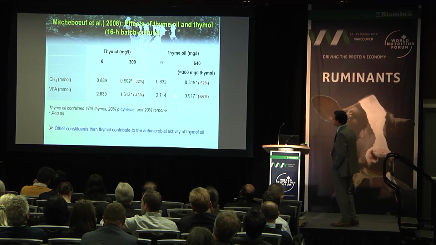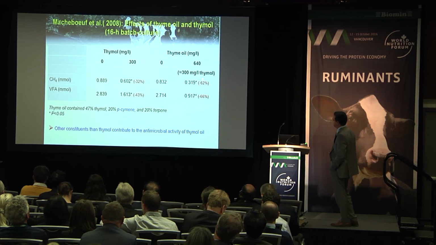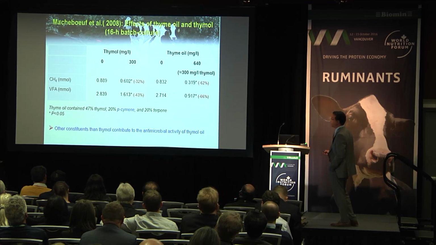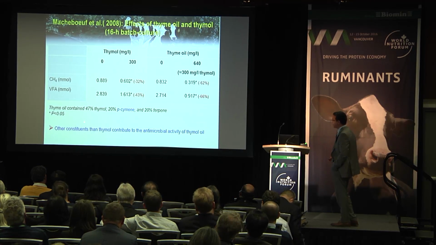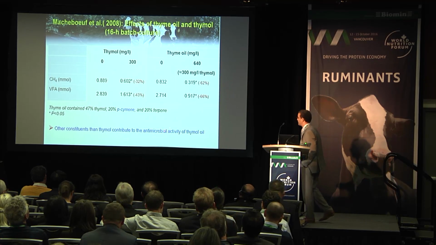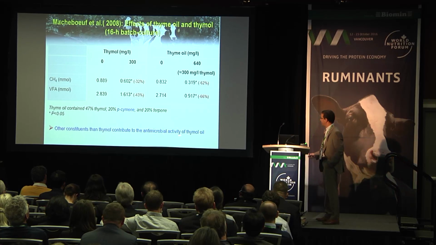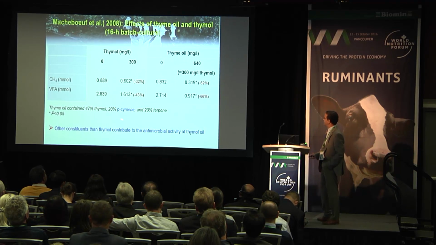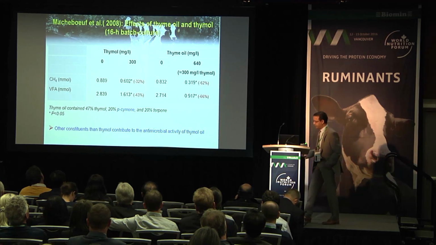And the extent of decrease in methane and VFA was higher with thyme oil compared to thymol, which means that other constituents in the thyme oil contribute to its antimicrobial activity, and this is particularly the case for p-cymene.